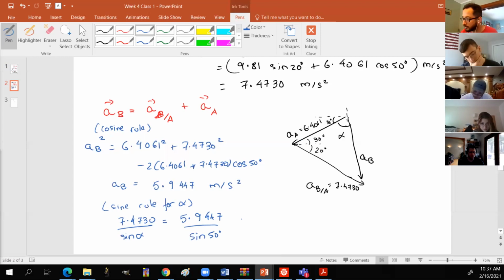Like that. So you solve that and you get alpha is equal to 74.4 degrees, like that, right? So now you found a magnitude and a direction for your acceleration.